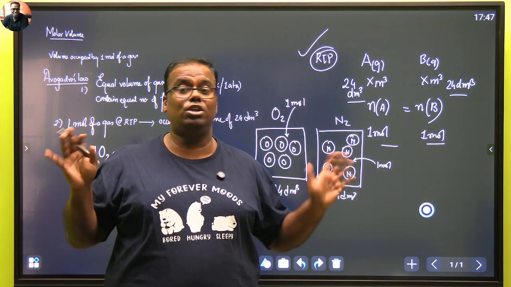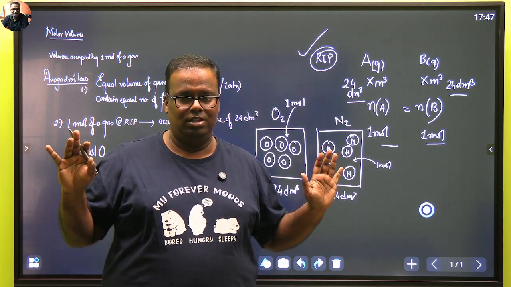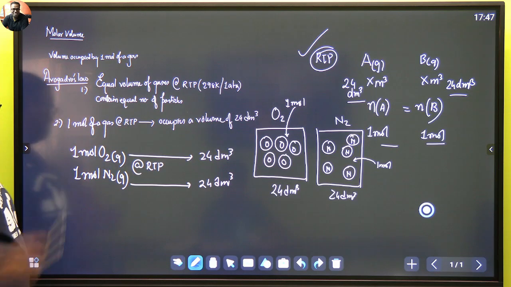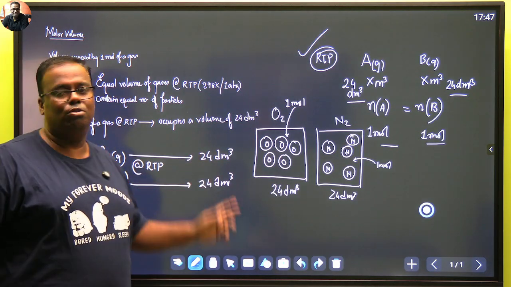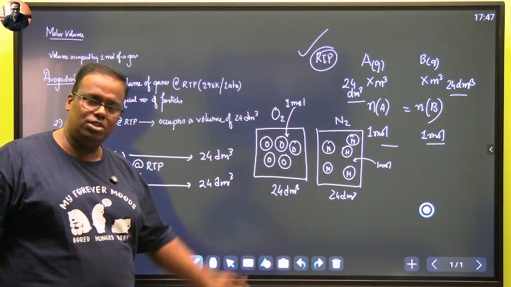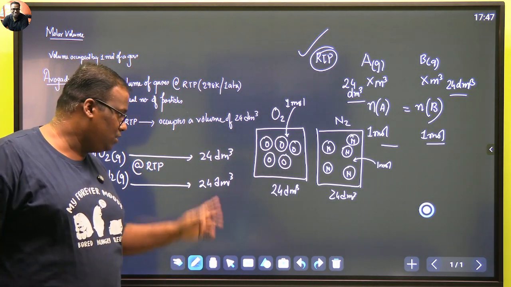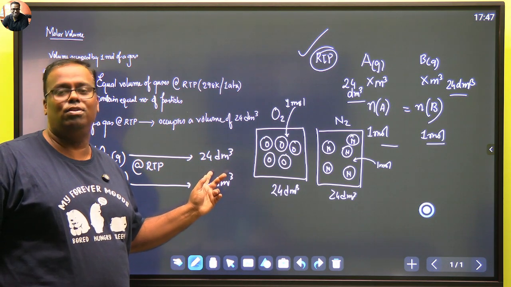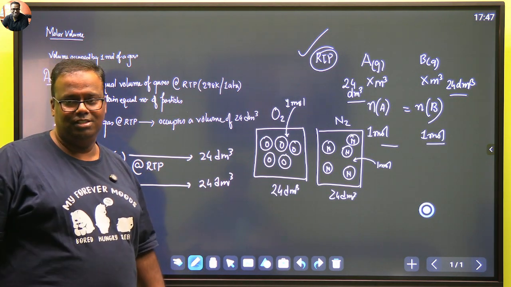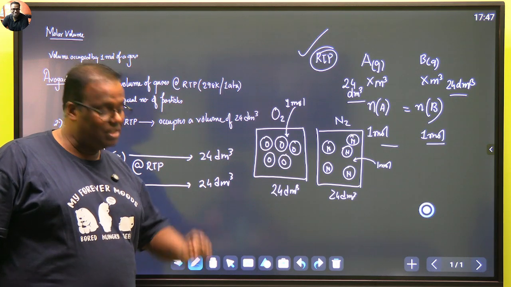Now we are not talking about 1 mole. The standard is if you have 1 mole at RTP, then the volume occupied is 24. Have you understood? 1 mole occupies how much? 24. In CBSE, we read this as 22.4, because there we do the problem on NTP. This definition will be different.